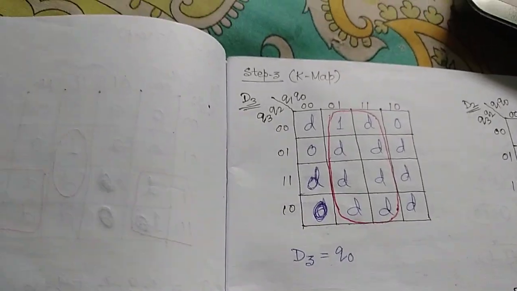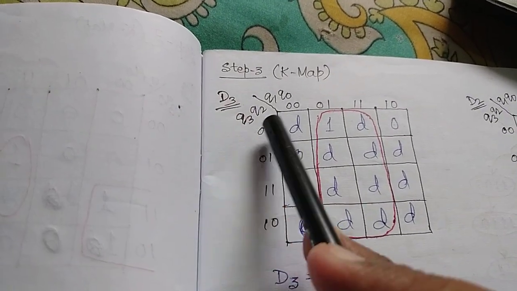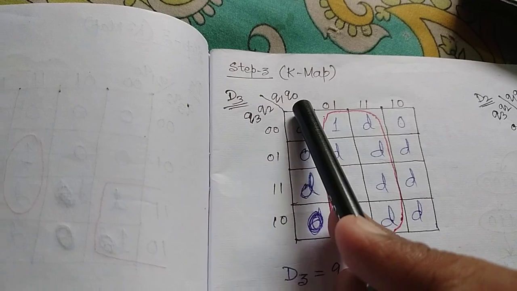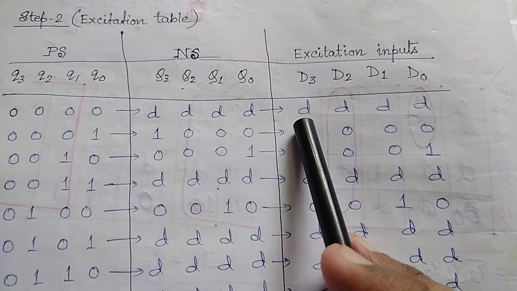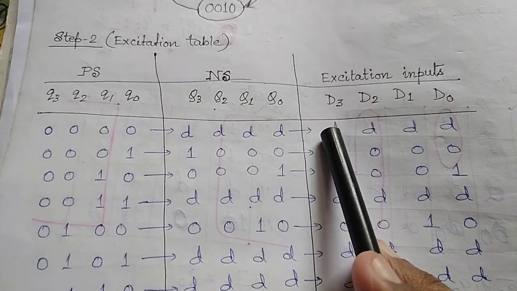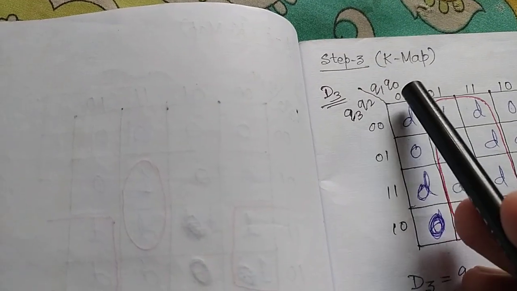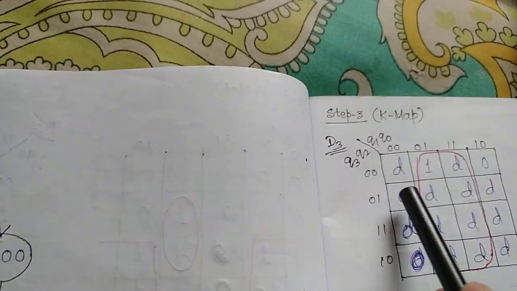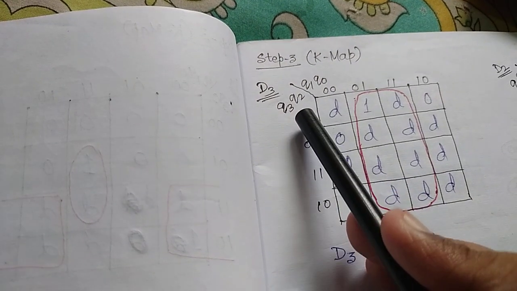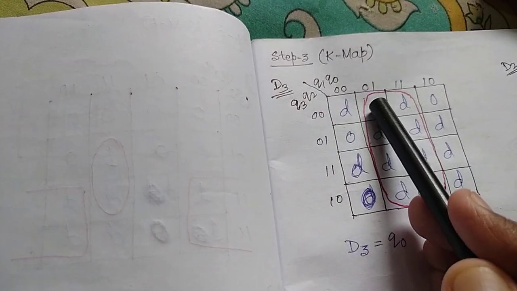First there is D3, and these are my present state, Q3 Q2 Q1 Q0. Now 0000, what is the excitation input? In D3 it is D, so for 0000 it is D. Then 0001, it is 1, so again 0001, it is 1.